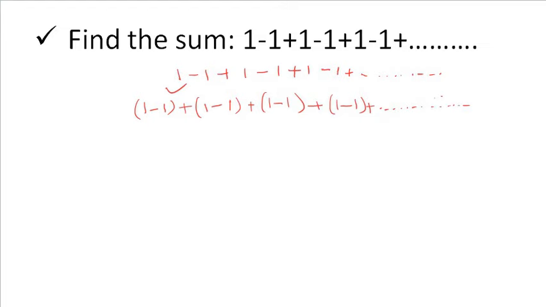So what will be the result? Plus 1 minus 1 is 0, plus 0 plus 0 plus 0 and so on. So the result will be 0. This is the first perspective.